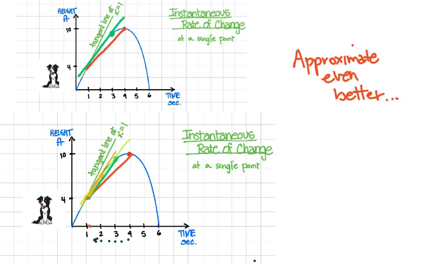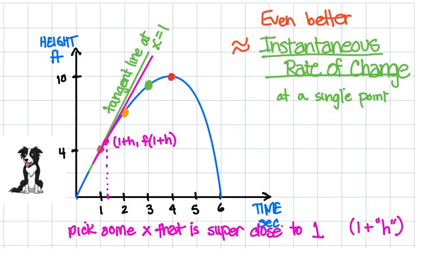And we're going to say that this distance between 1 and this next point is h. So this point right here becomes 1 plus h, and its corresponding y value becomes f of 1 plus h. So let's put that into our slope formula now using those 2 points.